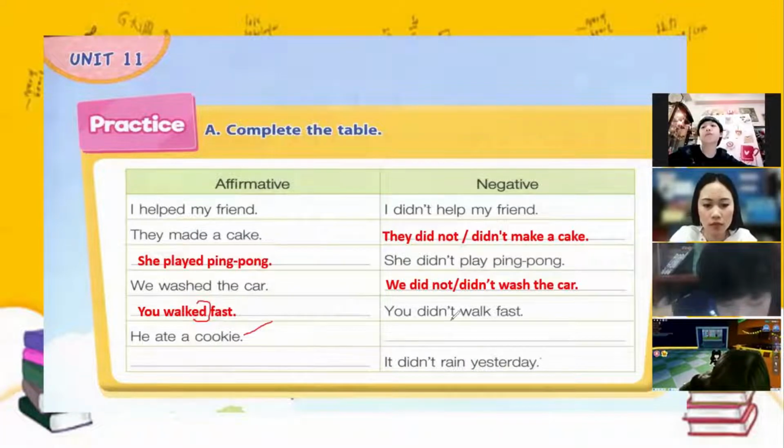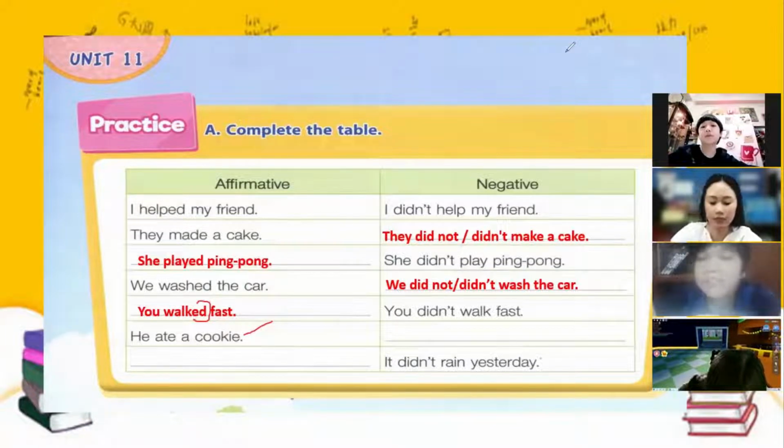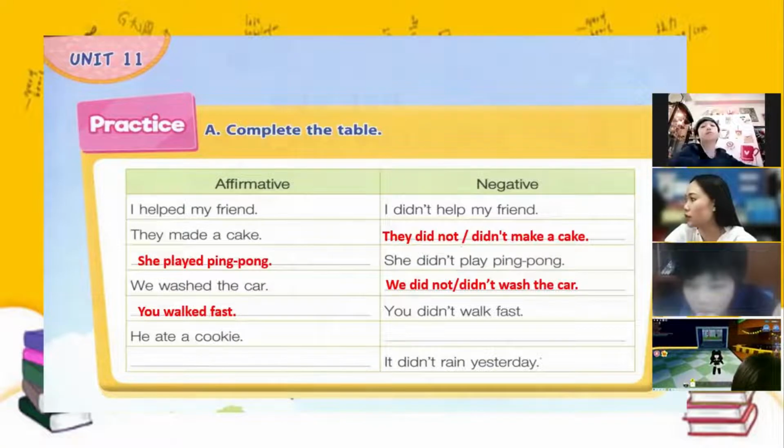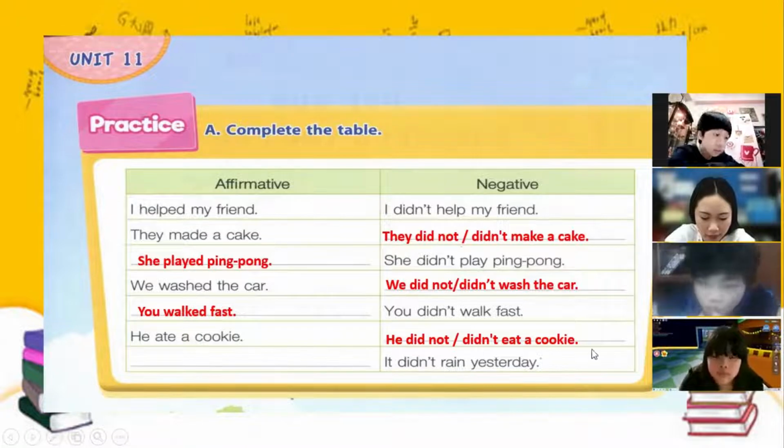He doesn't eat a cake. A cookie. Again, please. He didn't eat a cookie. Very good. So we just add did not or didn't. He didn't eat a cookie.